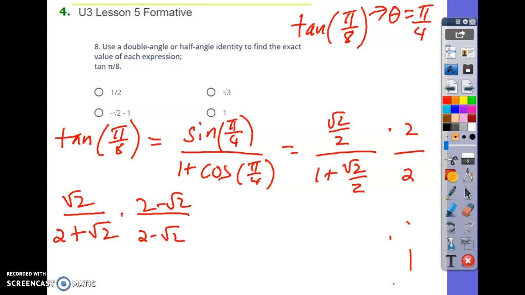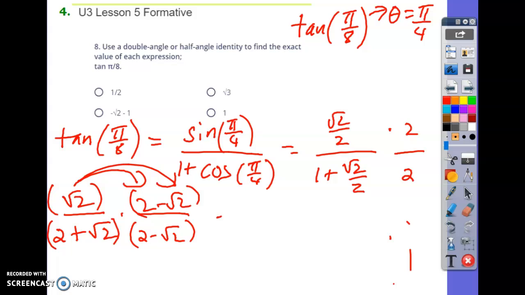Again, these are all parentheses around my numerators and my denominators. I'm going to have to distribute this √2, so that's going to be 2√2 minus 2. And then I'm going to have to FOIL this out, but the outer and the inner terms should cancel, and I'll end up with 2 times 2 is 4, and then minus √2 times √2 is 2.